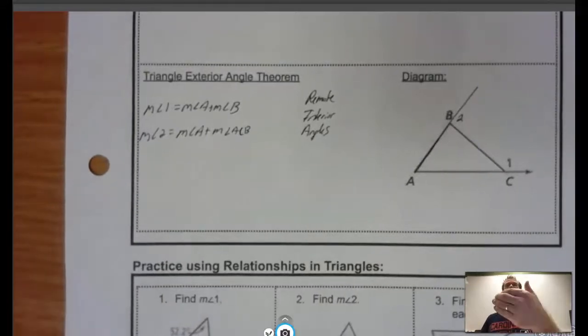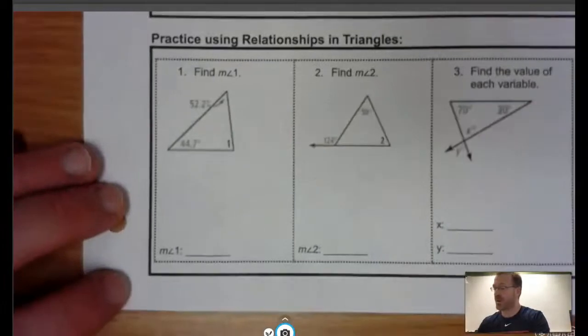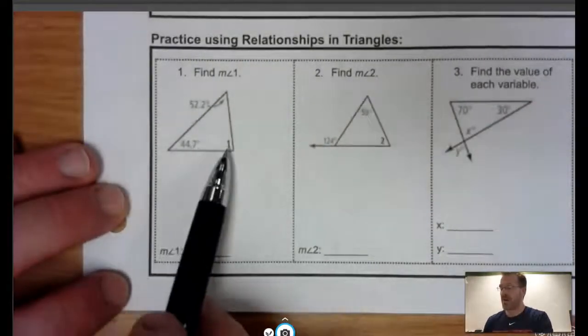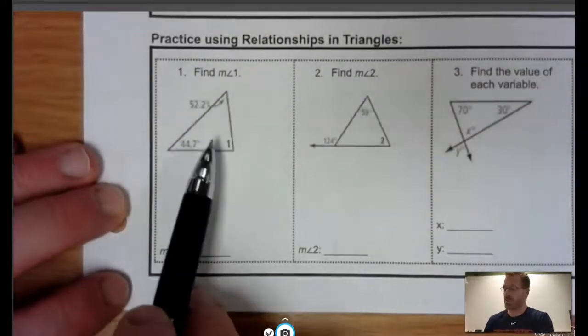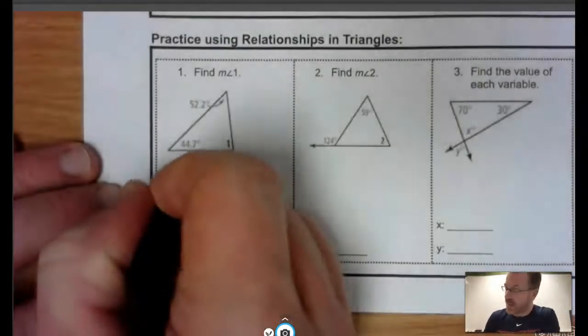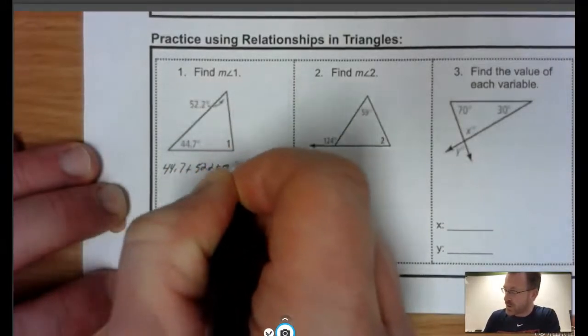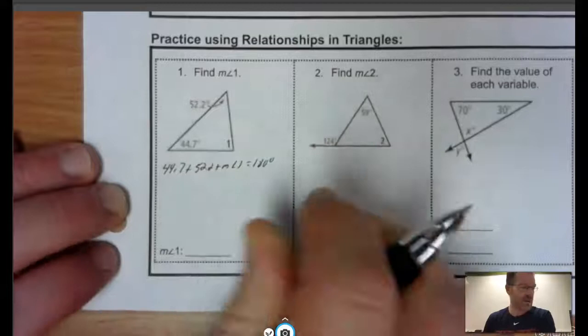All right, so let's go through a couple of quick examples to see how we use those. If we jump down to problem 1 at the bottom of page 7, we want to find the measure of angle 1. Notice we know the other two angles in our triangle, so 44.7 plus 52.2 plus the measure of angle 1 has to equal 180 degrees.